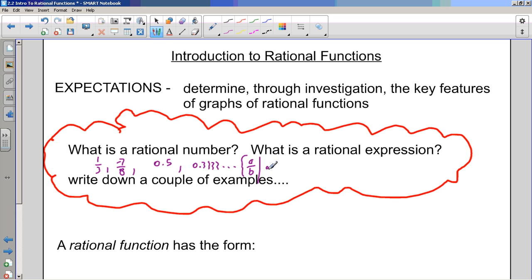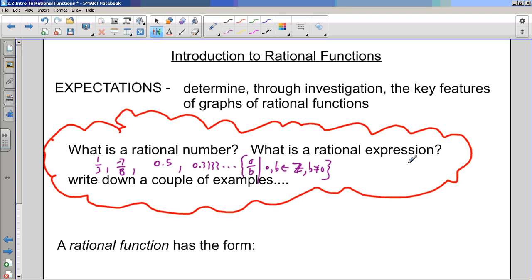That's what a rational number is. Z is the set of integers. With, of course, b, we can't divide by 0, so we also have to say b cannot be 0. And that was maybe grade 8, grade 9, you talked about rational numbers, fractions that can be positives and negatives. Anything that can be written as a fraction like this.